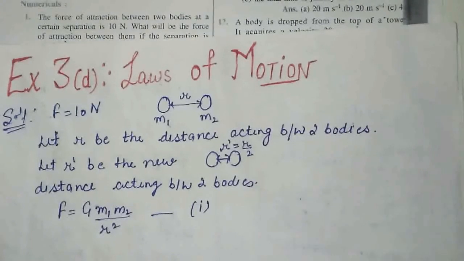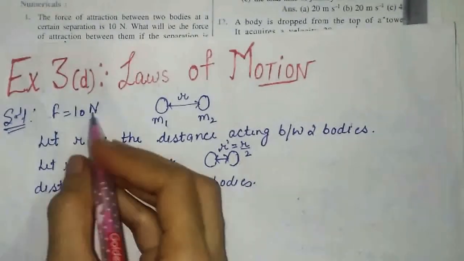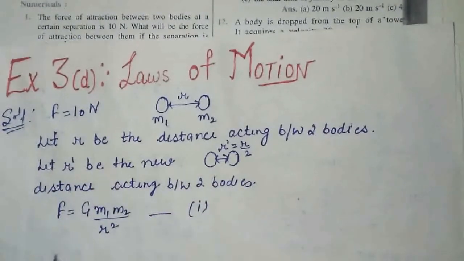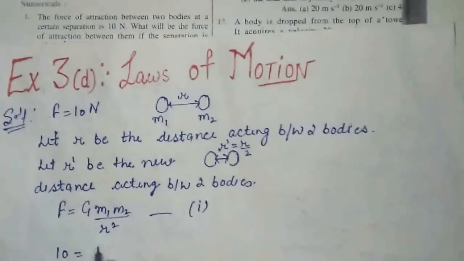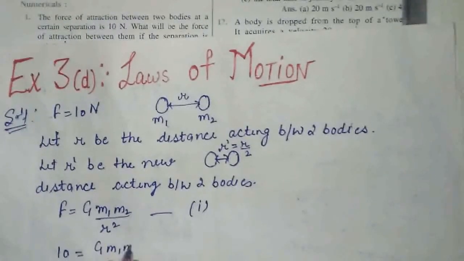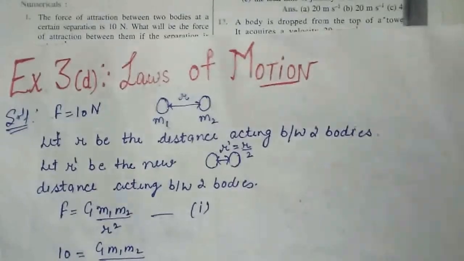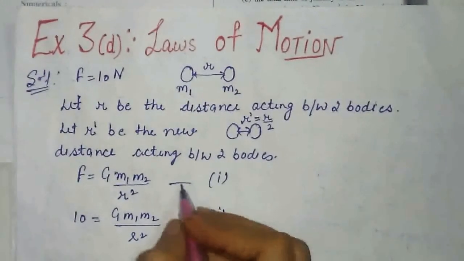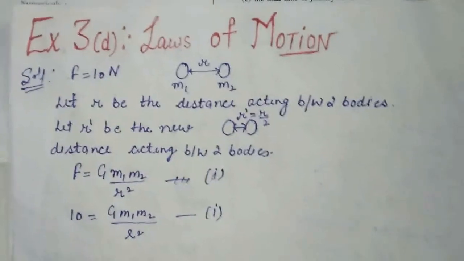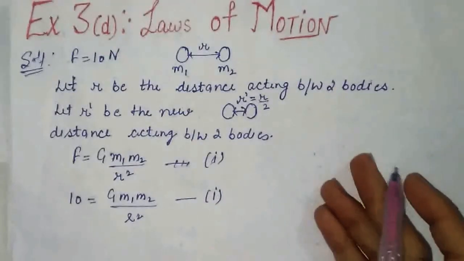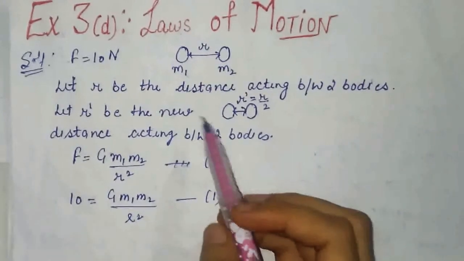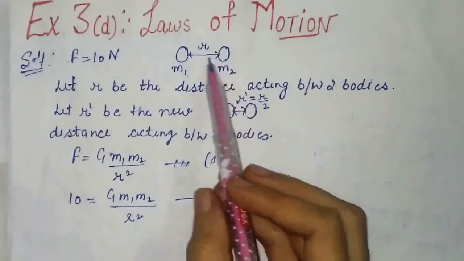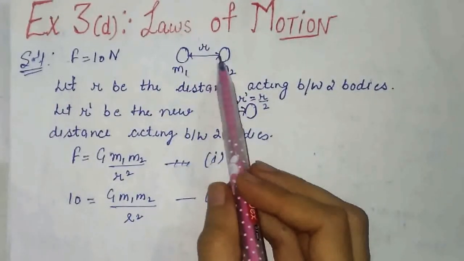We can put the value of force, that is 10 Newton. So we put 10 equals G m1 m2 divided by r square. Now take it as equation number 1. Clear? So now we know that the separation distance between the two bodies becomes half.